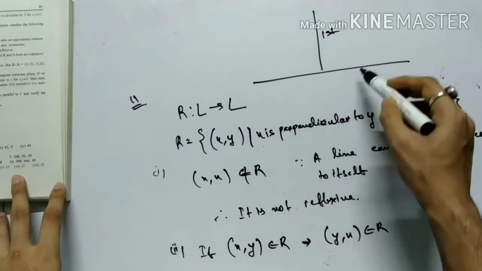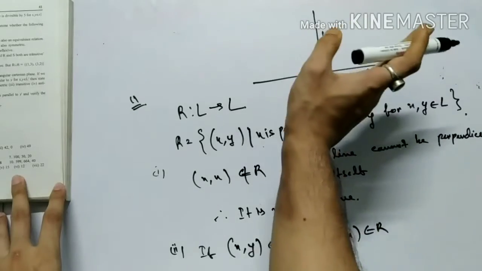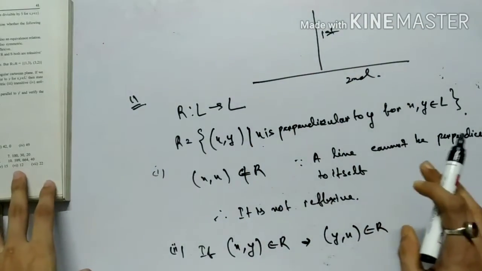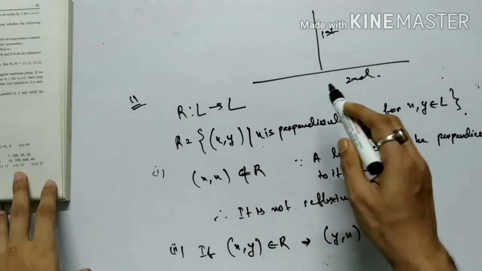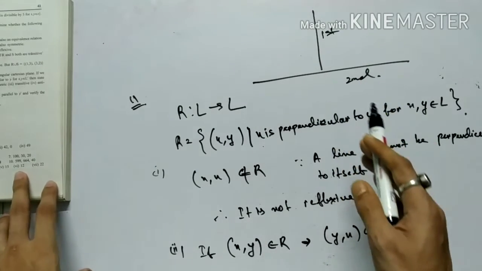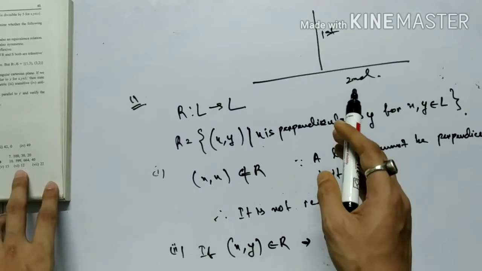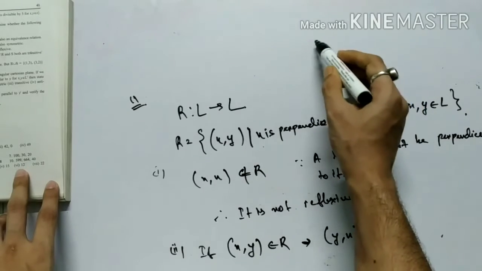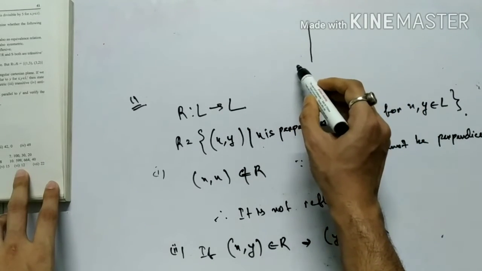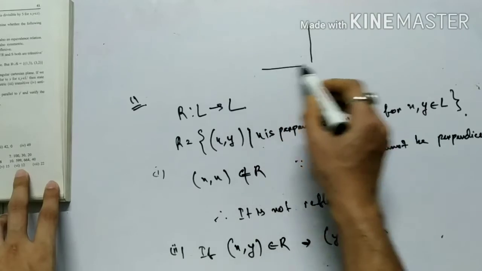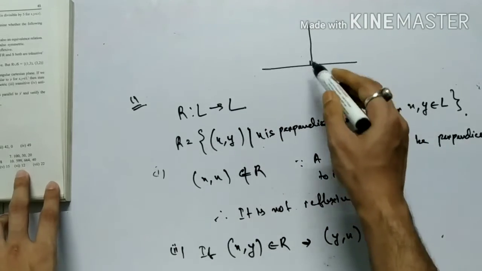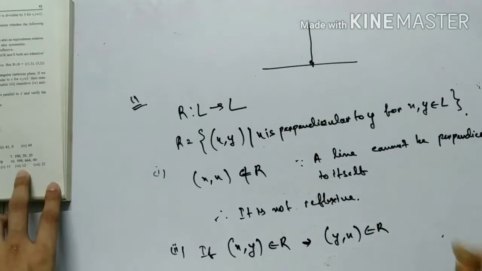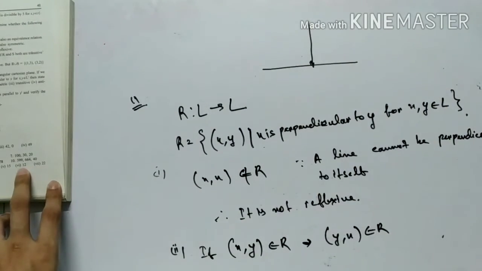Let me draw it in this way: the first line is perpendicular to the second line, and the second line is also perpendicular to the first line.